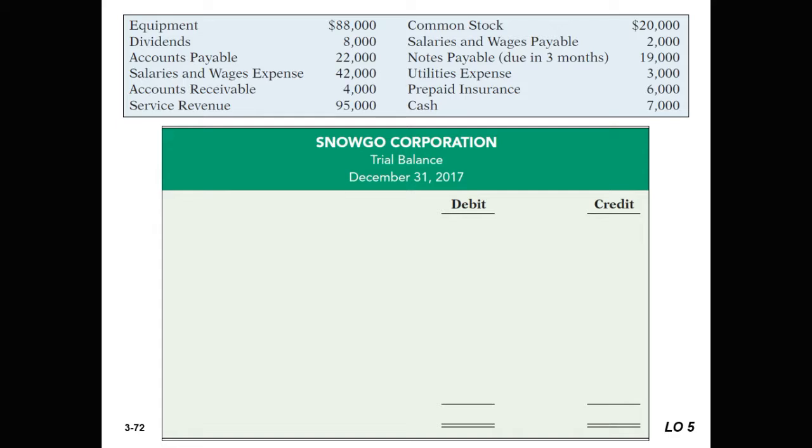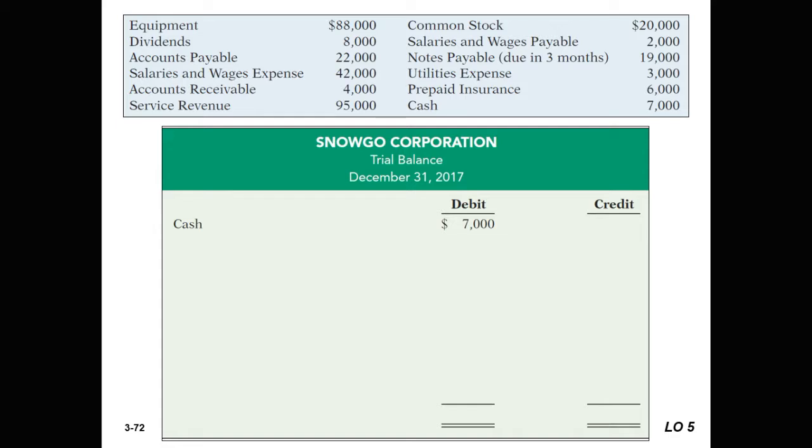Your assets are listed: current assets, plant, property, and equipment, long-term investments. So starting with our current assets and our most liquid asset, that would inherently be cash. So we provide it with its debit balance of $7,000.